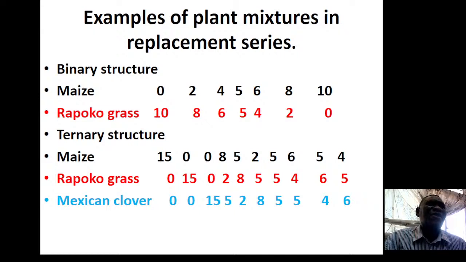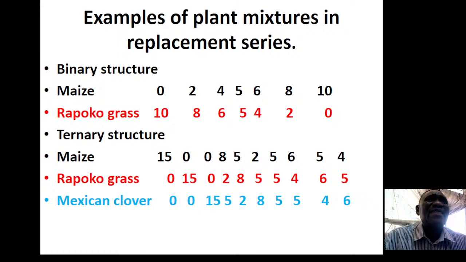That structure we call the binary structure, where we can start with maize. We have got 0, and the number of rapoko grass will be 10 if we have maize as 0.